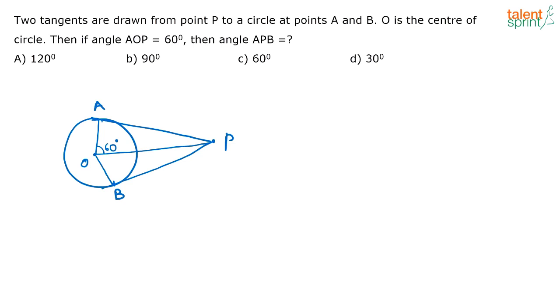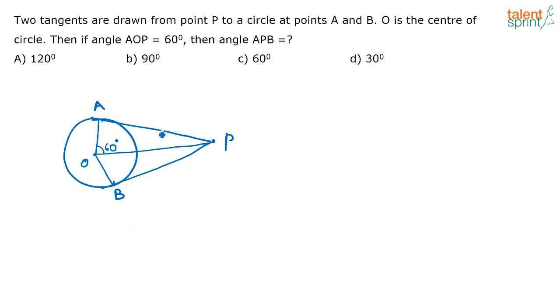Now let's look at these 2 triangles, okay. You have 2 triangles AOP and POB, correct. Now the first thing that you need to know, again a property of these tangents, is very, very important here, okay, that you should know.